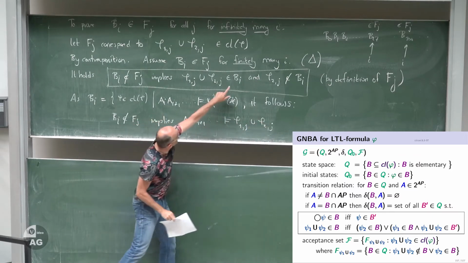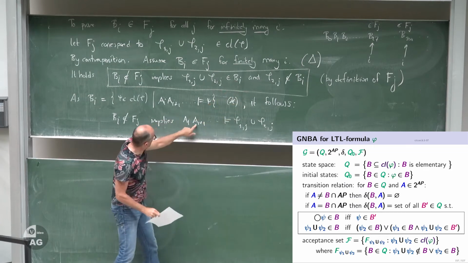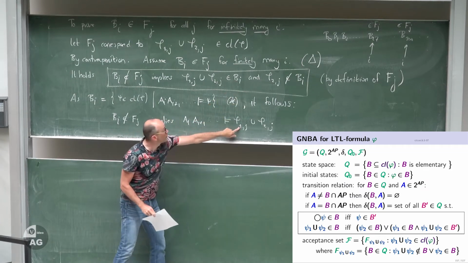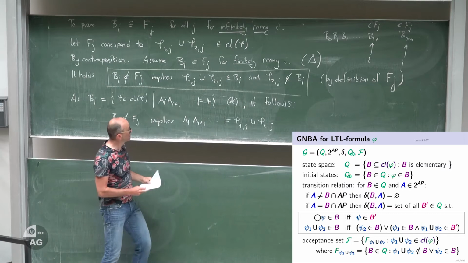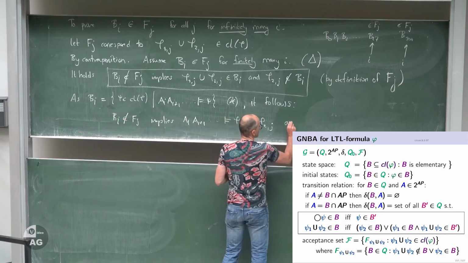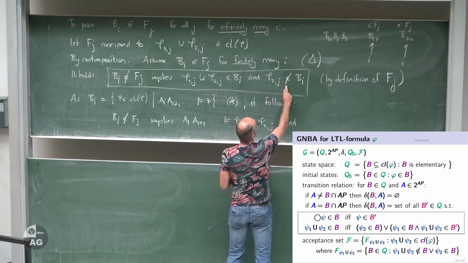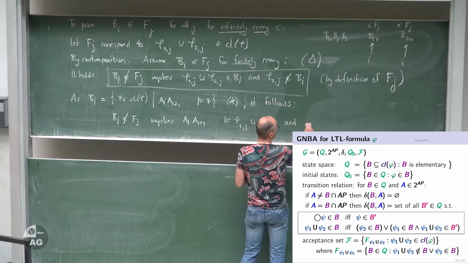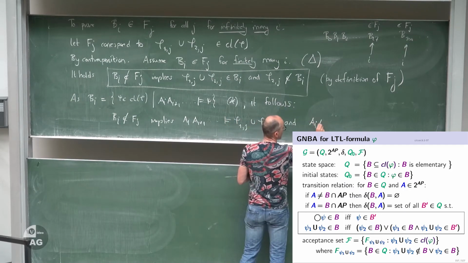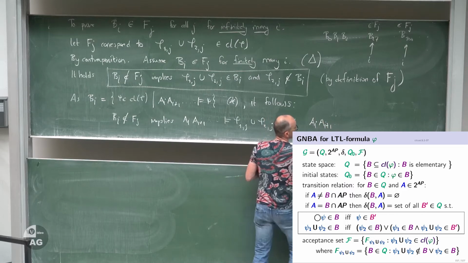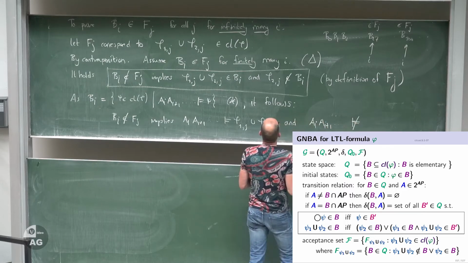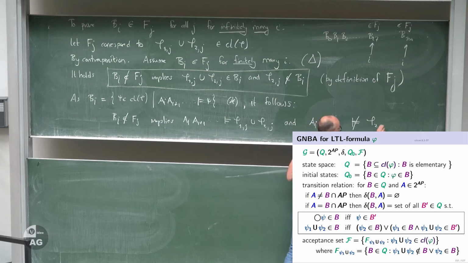So I replace this bi by this ai, etc. satisfying the formula, which I can do because of this definition. And I do the same for the second part. And this is not in bi, which means actually that the sequence ai plus 1, etc. violates phi 2j.